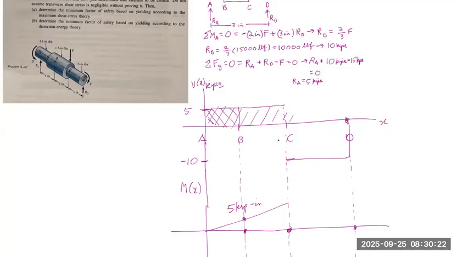And at C, we will take this larger area under the curve, this whole area under the curve, and it will give us 5 times 2 inches because the distance from A to C is 2 inches, as we see on this diagram over here. So it will be 5 times 2, which is 10 kip-inch.